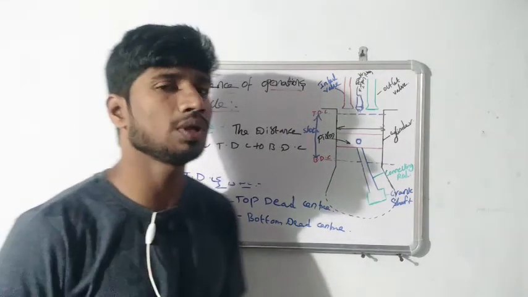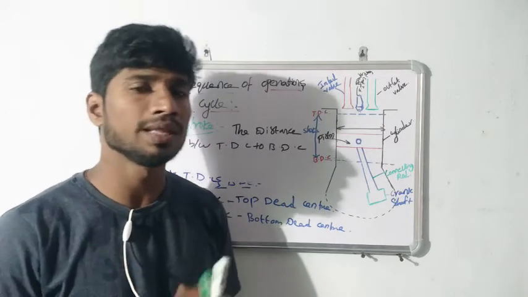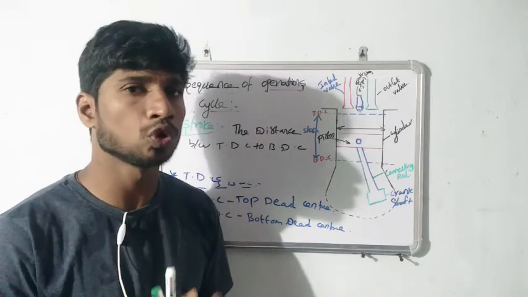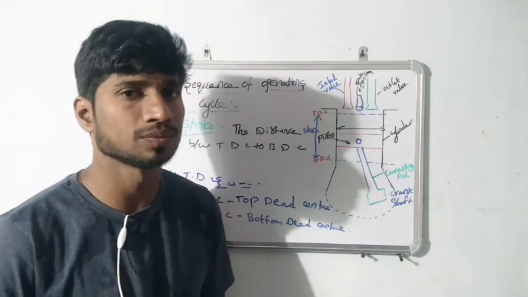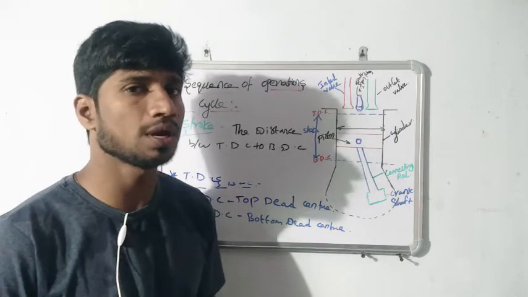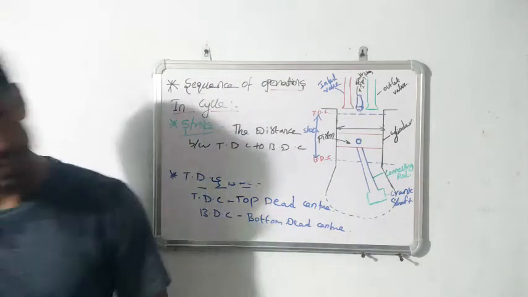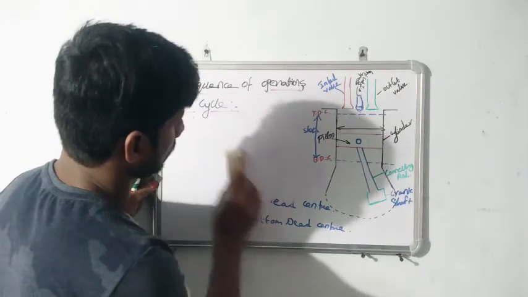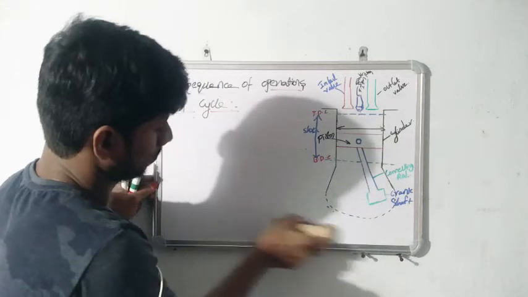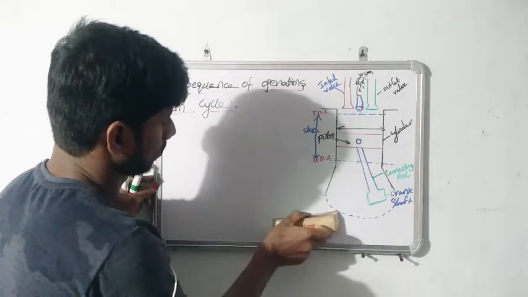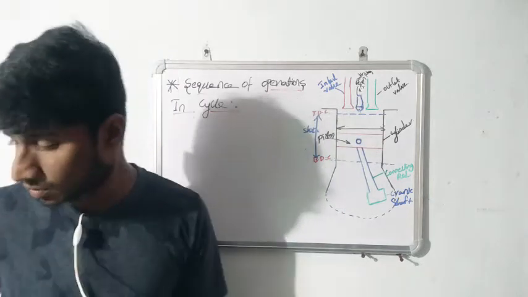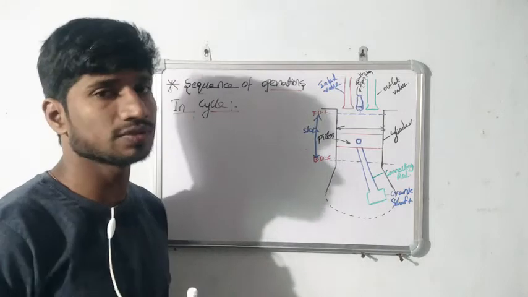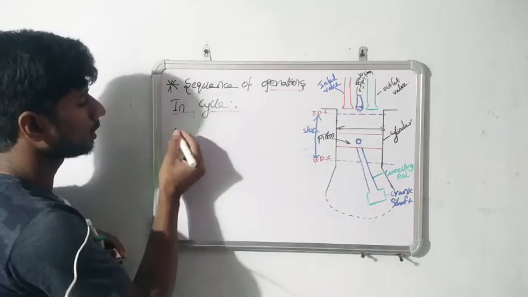When we discuss the working of the IC engine, some important processes are helpful to complete the engine working cycle. So let's see what important processes are involved here. We already know the definition of a cycle, cyclic operation.